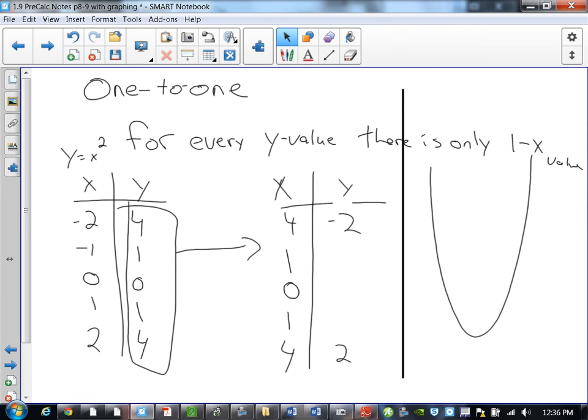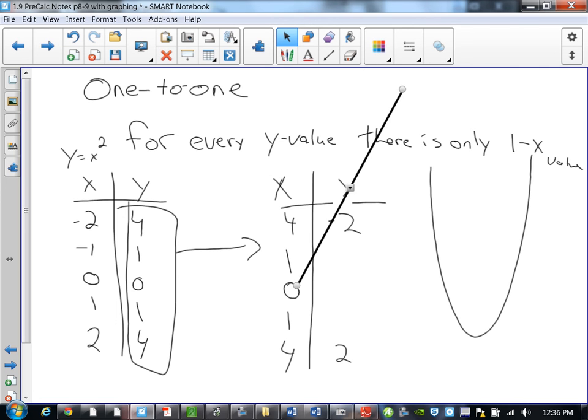It's one-to-one if it passes the horizontal line test. Since these values touch it in more than one spot, y hits in 2 spaces, that means that function is not one-to-one.